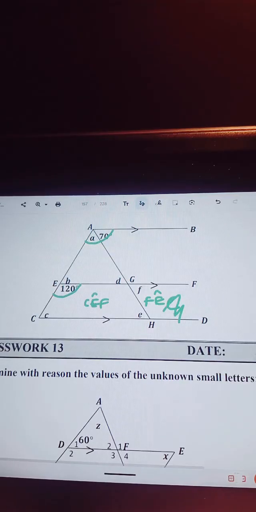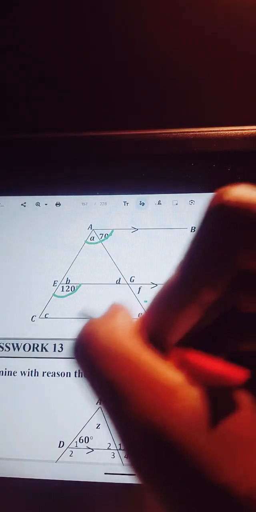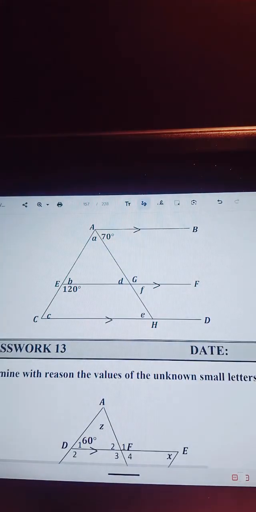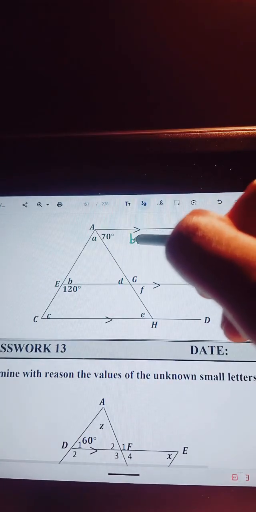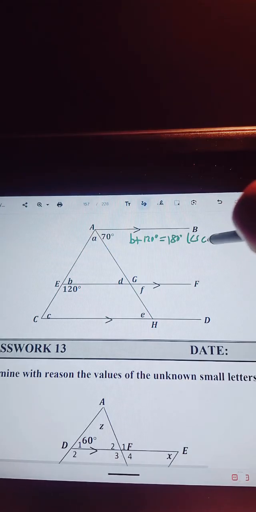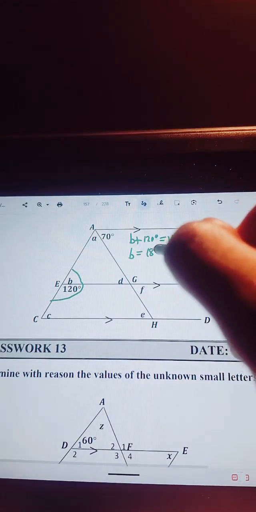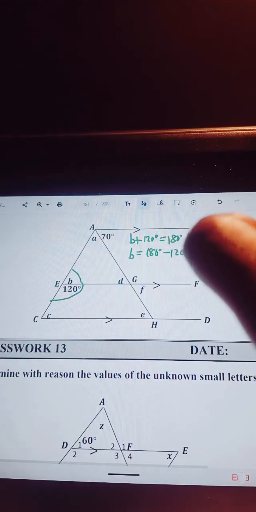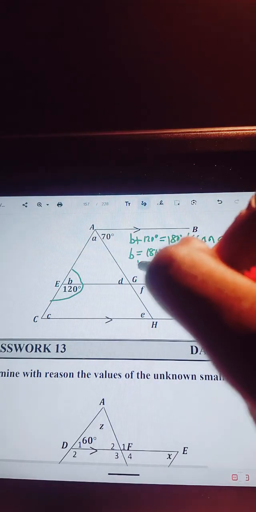So please, let's make it a point: we are identifying the right angles, not the wrong ones. For instance, I can say B plus 120 is equal to 180, angles on a straight line, because this angle plus that one is 60 degrees.